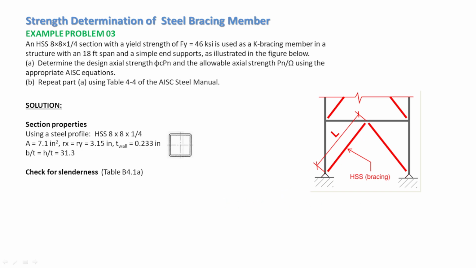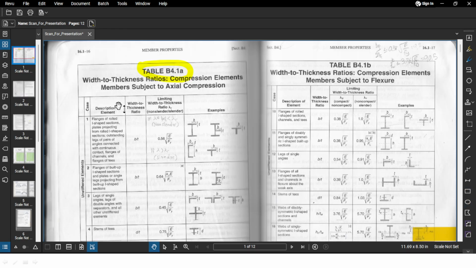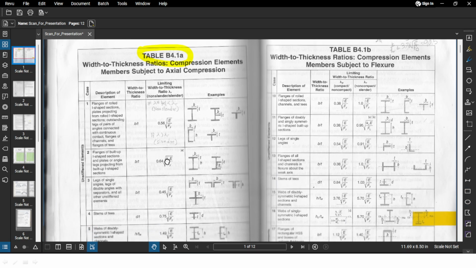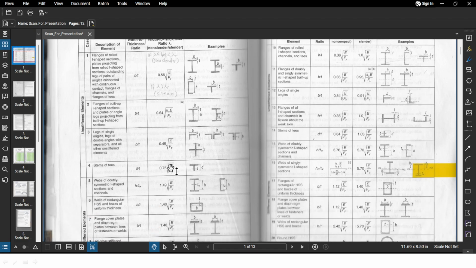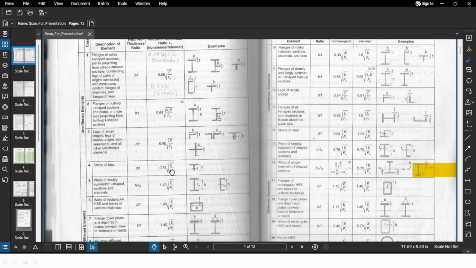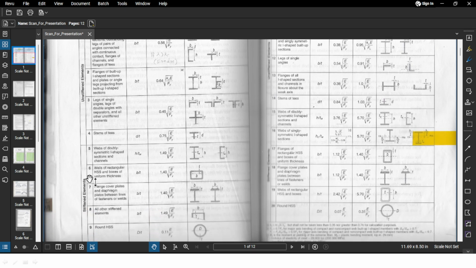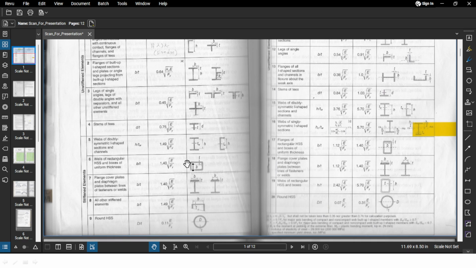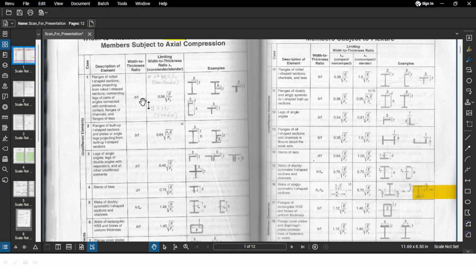If we proceed to the table to determine the slenderness, whether the member is slender or non-slender, in our case we are in case 6. Because we are using the HSS profile, the width to thickness ratio, b/t, should be less than or equal to the limiting ratio for slenderness, which is 1.4 square root of E over Fy.